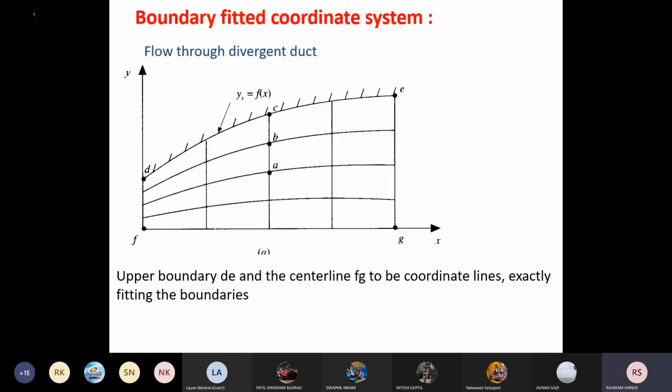You can see here, from here your divergent duct is starting, like a convergent divergent cone. This is a divergent cone, or a divergent duct.